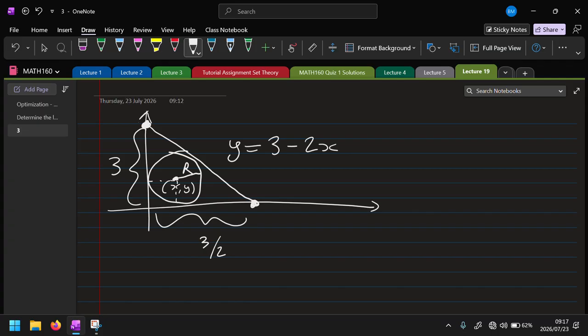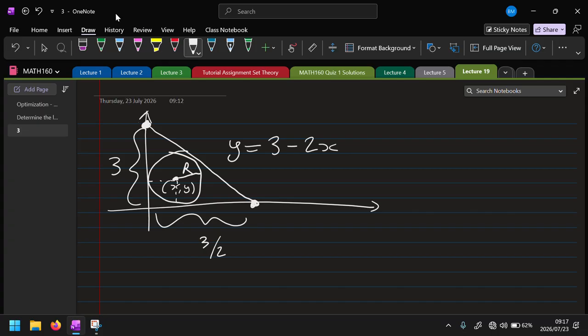The next is to figure out the function that we want to maximize and constraints. Let's start off with the constraints. What is the main constraint for this picture? Okay, so we need some sort of equations to describe it.